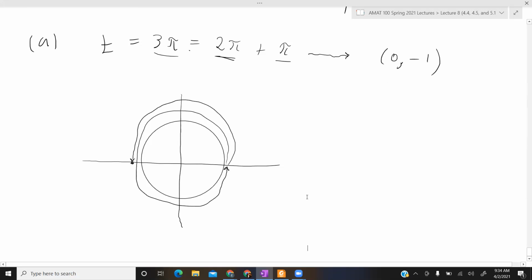So let's look at another example. This is an example of when we travel in the opposite direction. So positive numbers mean you travel counterclockwise, negative numbers mean you travel clockwise.